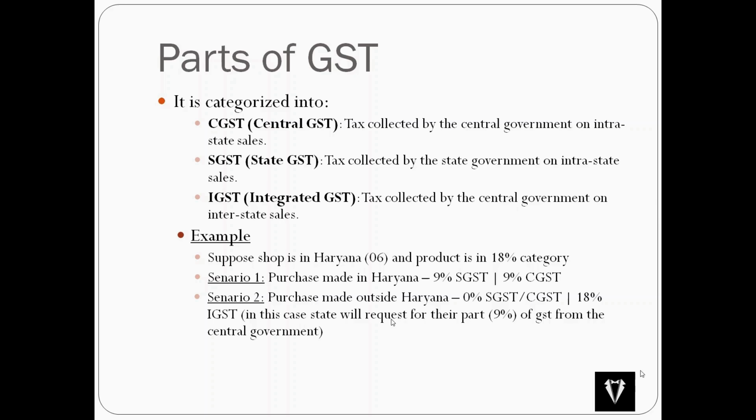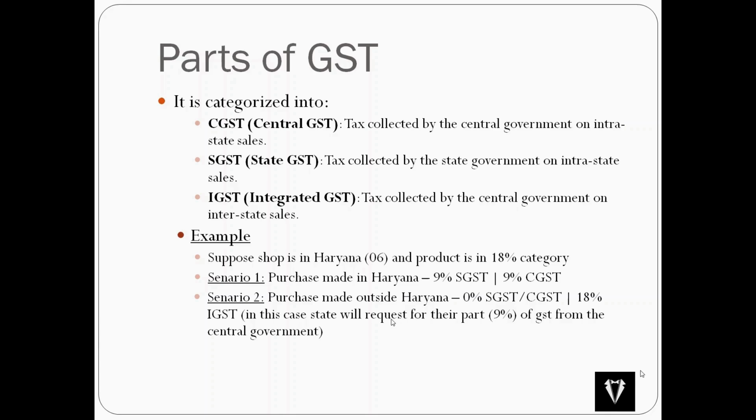Is it clear now? Okay. Now, are these two scenarios clear? What is CGST and how IGST and other things are applied? So while filing GST, these three parts are important. You have to file the GST based on whether the sale is from your state or from another state.